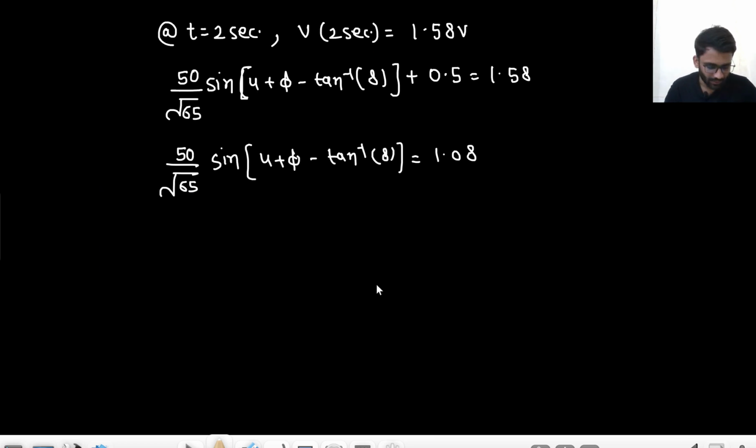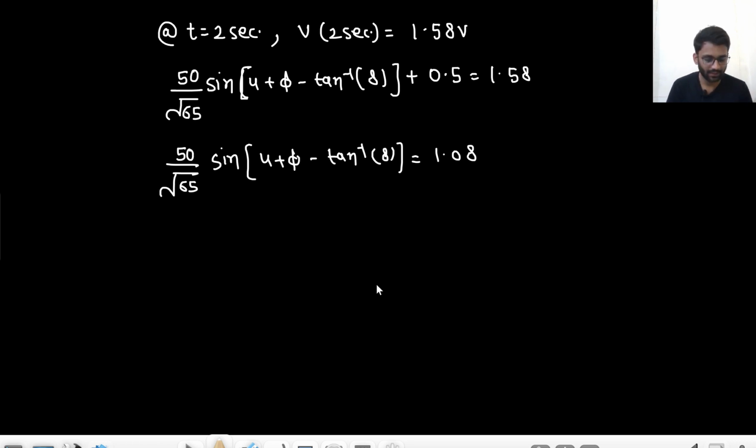Okay, so now I can solve the problem. 1.08 into 65 under root by 50, sine inverse, plus tan inverse 8, minus 4.